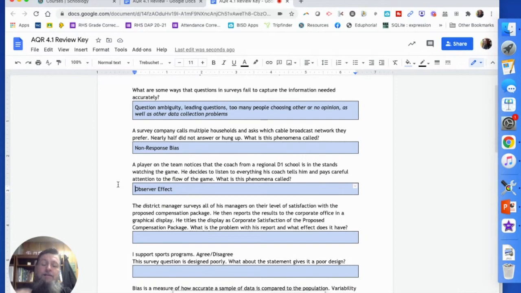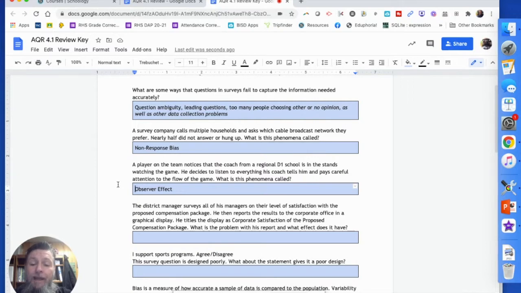All right, so let's look at what he's done here. He's a district manager, not the corporate manager. So in other words, he only manages one district of the corporation. Obviously his district may not represent the entire demographics of the whole corporation. So that makes a problem.